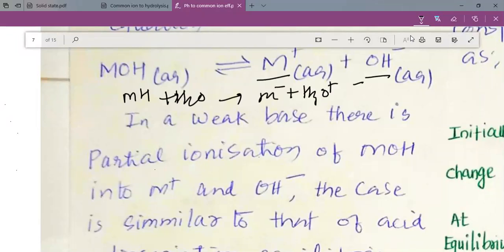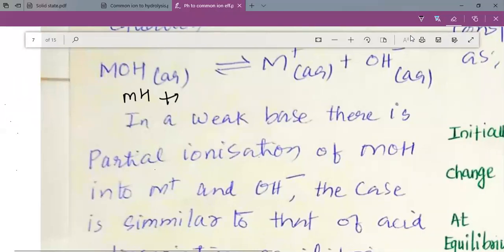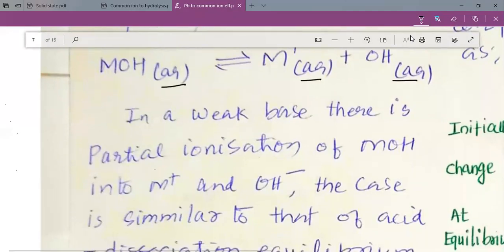But here it is not possible, and that is why we avoid writing water. To show the presence of water, we just write aqueous. When we write aqueous, it simply means that water is present and the reaction is taking place in water. I hope it is clear now.